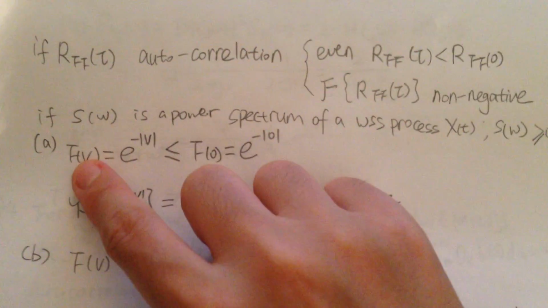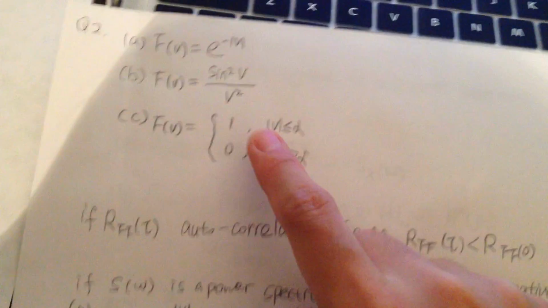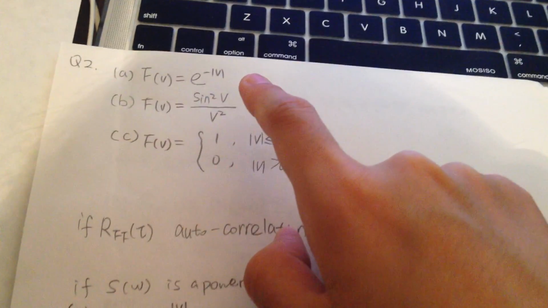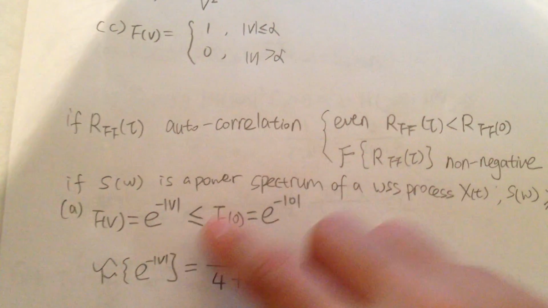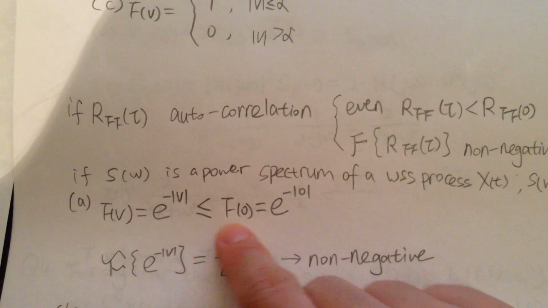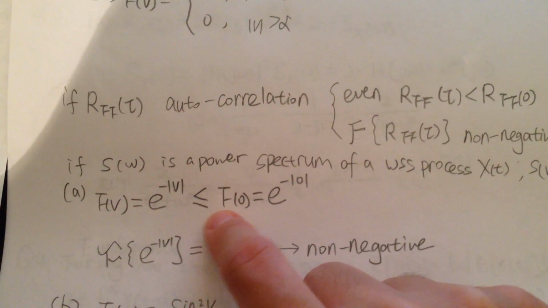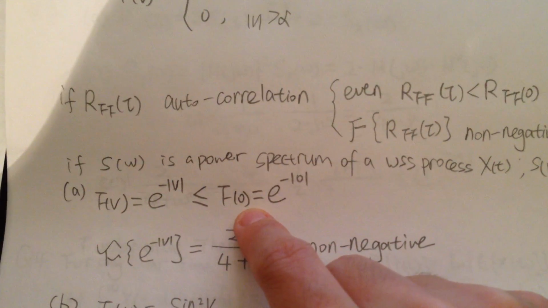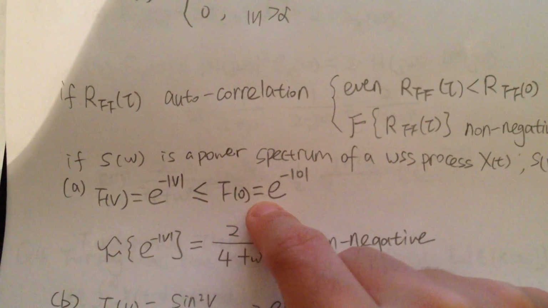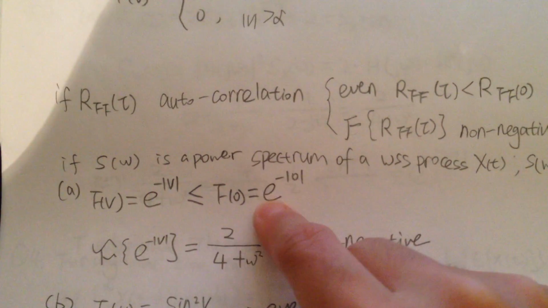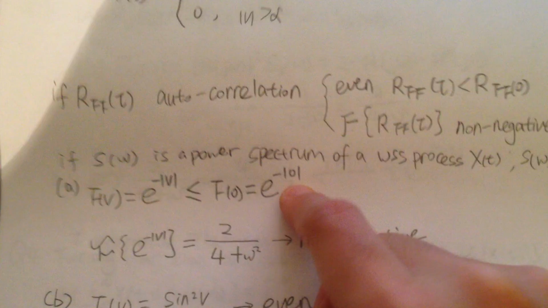The first function is equal to e to the power of minus absolute value of v. Common sense tells us that it's always less than or equal to f of 0, that means less than or equal to e to the power of minus 0.